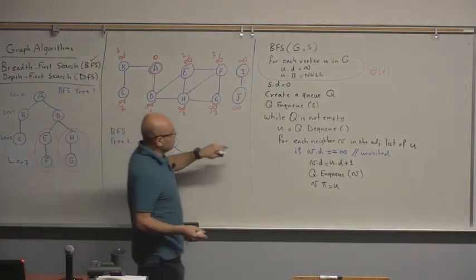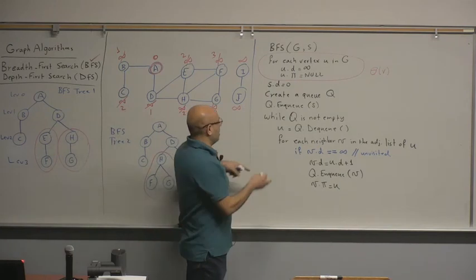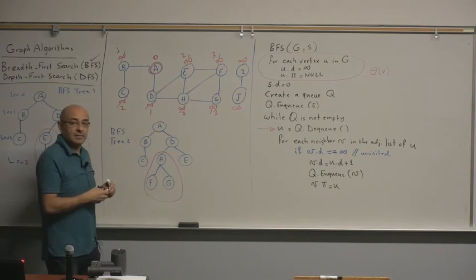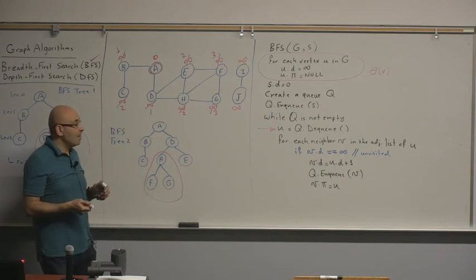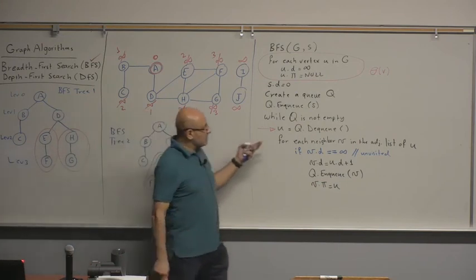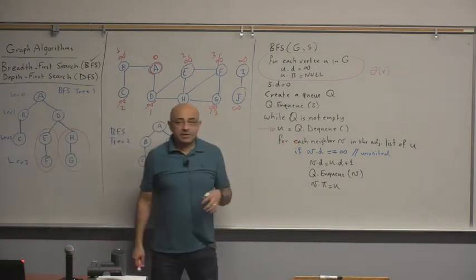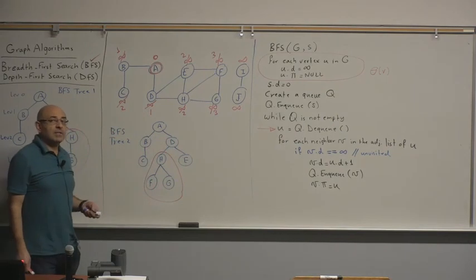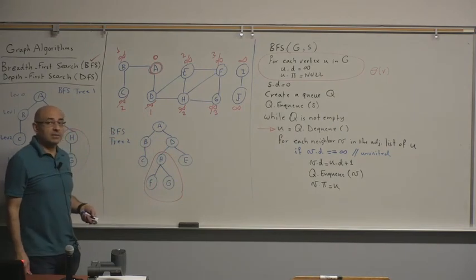In this loop, how many times will this line get executed? V? How many times will a vertex get DQ'd? Can a vertex get DQ'd more than once?